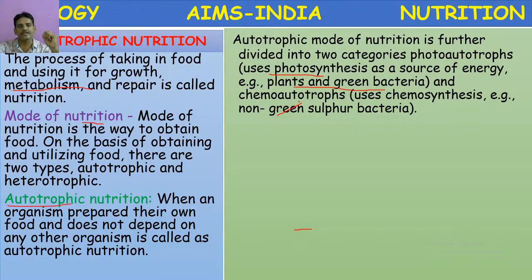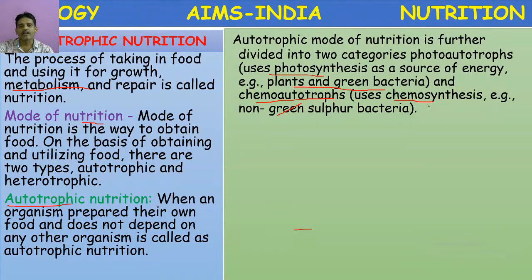And the second one is chemoautotrophs. Chemoautotrophs are non-green. They can also synthesize their own food, but depending on the energy produced by the oxidation of some chemicals. That's why they are called chemosynthetic bacteria, and the process is called chemosynthesis.